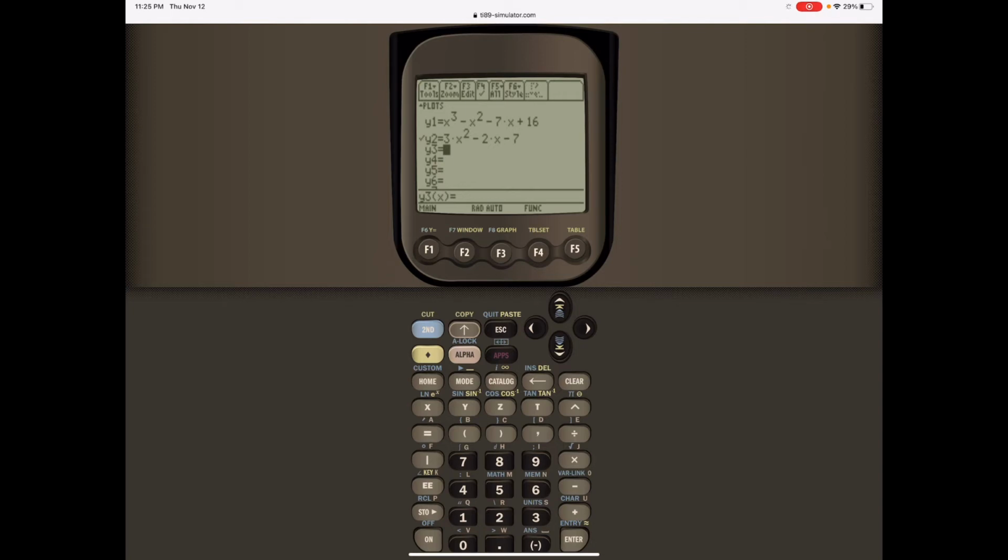You could either use the grapher to solve, but I'm just going to use the solver. And the way to do that, I've already done it once, just double check, but we're going to go into F2, the solver, choice 1. I have it in y2(x). Don't forget to use function notation, equals 0.